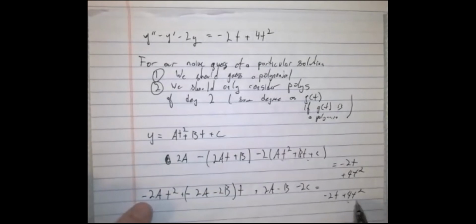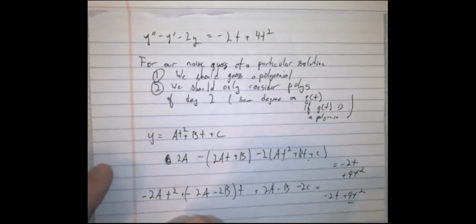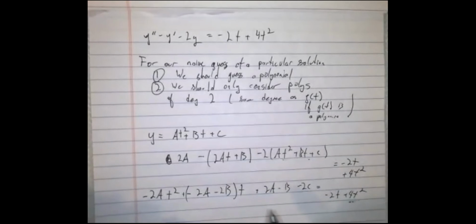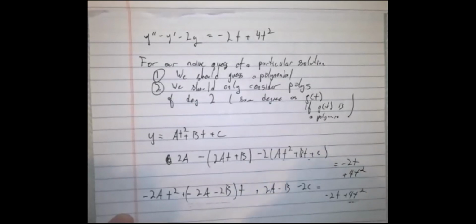Now things become easy to solve. Negative 2a has to be equal to 4, so a is equal to negative 2. Then negative 2a minus 2b being equal to negative 2 implies that 4 minus 2b is equal to negative 2, or in other words, b is equal to 3.